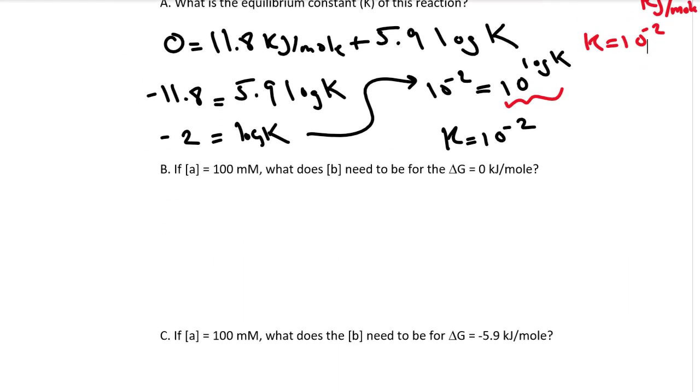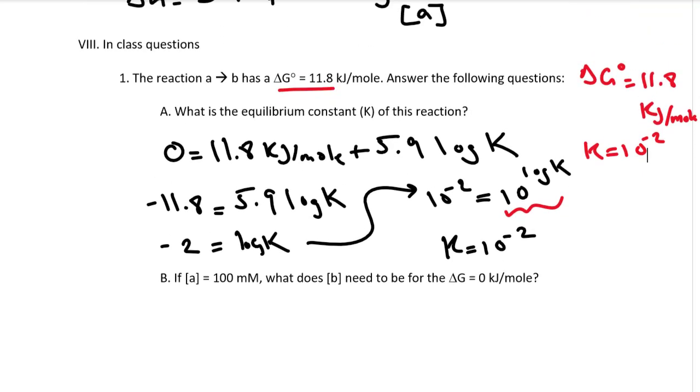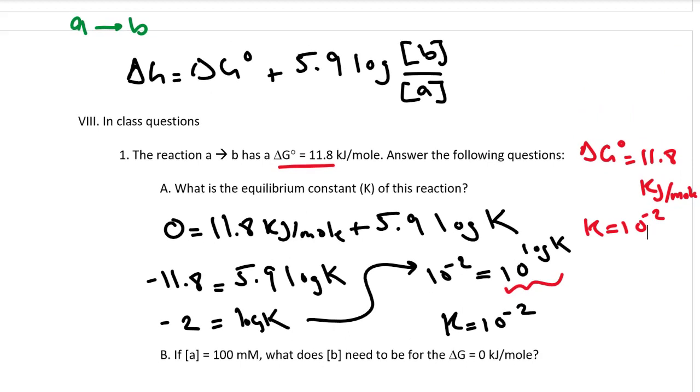If A equals 100 millimolar, what does the concentration of B need to be for delta G to equal 0 kilojoules per mole? What we can do is plug everything in and solve this. We can plug 0 here, put our delta G standard in, put in our concentration of A, and then solve for B. That is definitely what we can do.